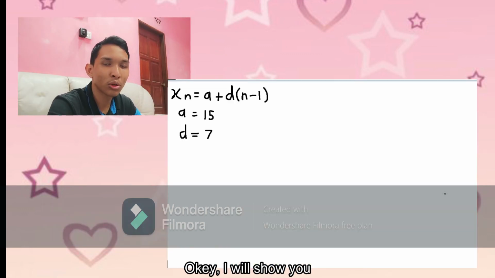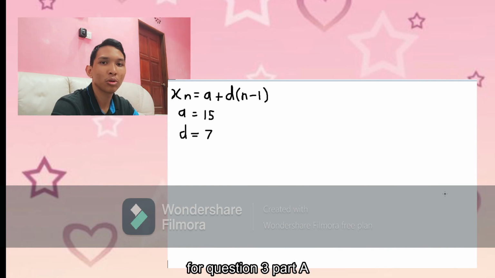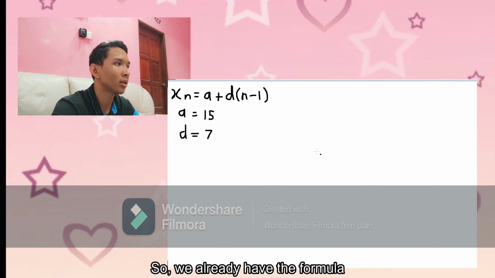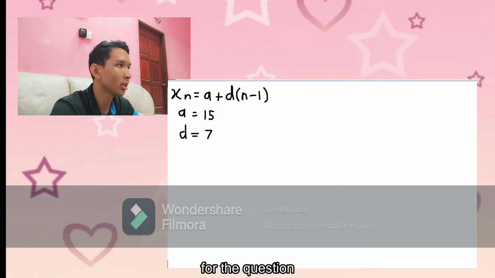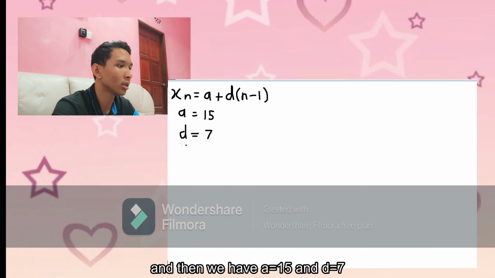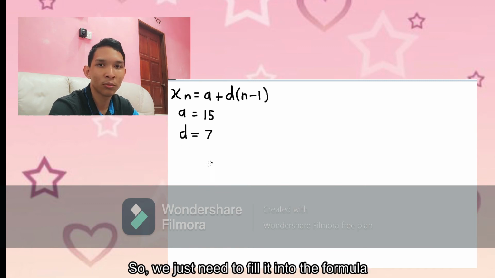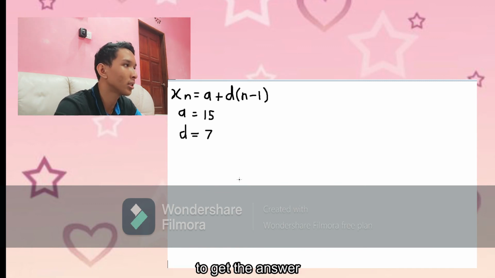Okay, I will show you how to get the answer for question 3 part A. So we already have the formula for the question, and then we have A equal to 15 and D equal to 7. So we just need to fill it in the formula to get the answer.